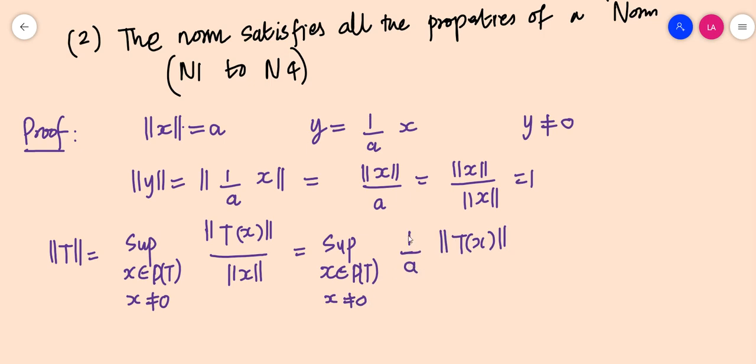Now, by the basic properties of norm, we can include this 1 by a inside the norm, so it is equal to the supremum over x in the domain of T, x not equal to 0, of the norm of 1 by a into Tx. Since T is linear, we can move this 1 by a inside T.